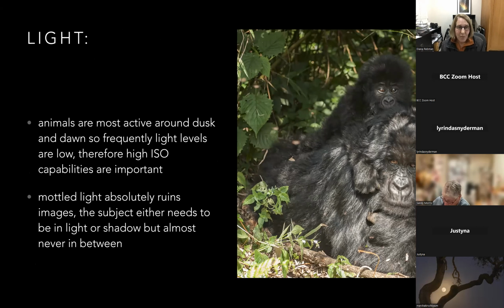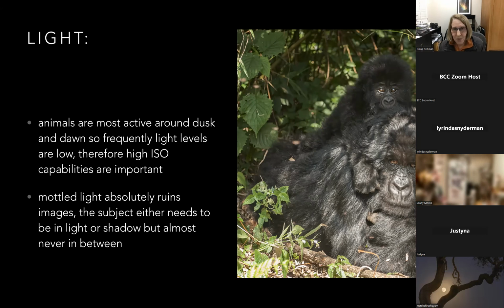We talked about animals being most active at dusk and dawn, so you do have the problem with low light levels at that time. Therefore, having the ability to go to high ISOs is really important with wildlife photography. And it's really helped a lot that we have Topaz Denoise that deals so nicely with noise these days.